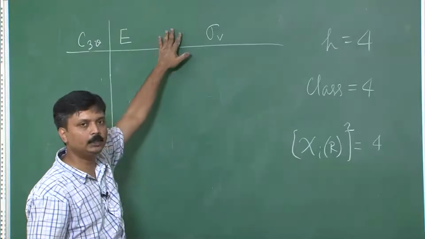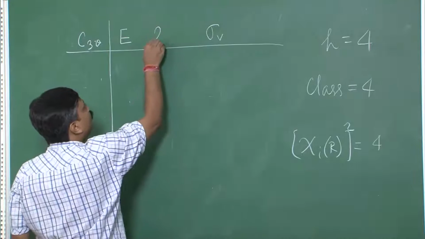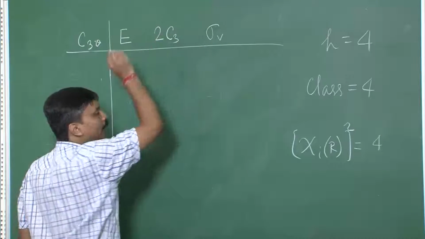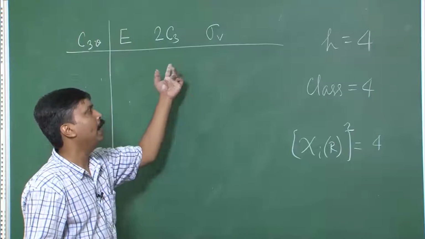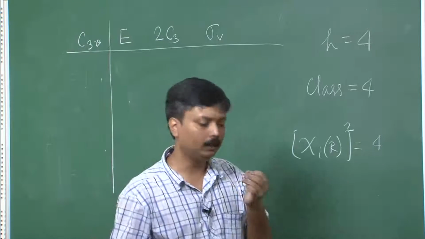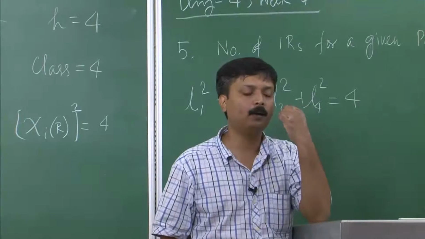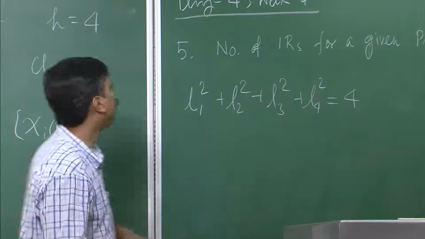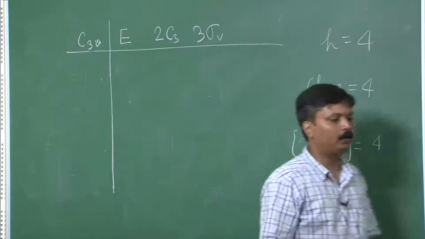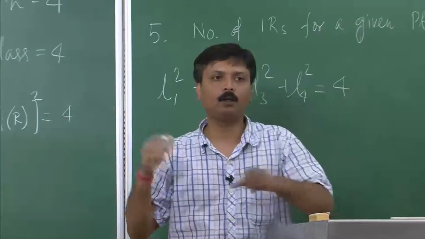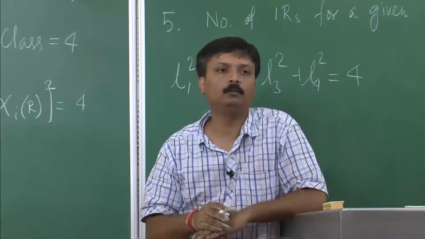So C3 and C3 square belong to a class. Therefore, what we write instead is 2 C3, so that I know there are 2 operations, but both of them will have the same character, and the same is the case for the sigma v's. The 3 sigma v's form a class. So I write in this way, and with this we will start forming the representation.